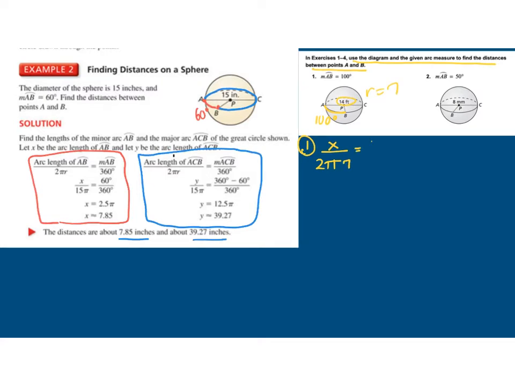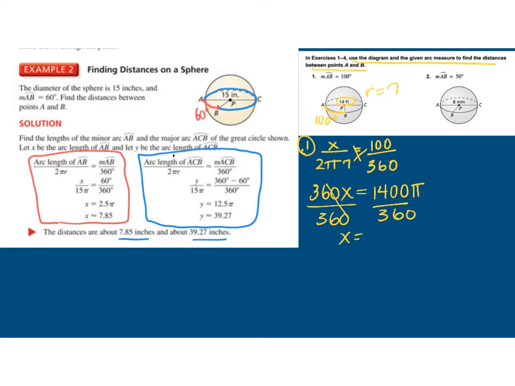And we'll set that equal to 100 over 360. Then we cross multiply to solve for x. Dividing both sides by 360, we get x is about 12.22 feet.